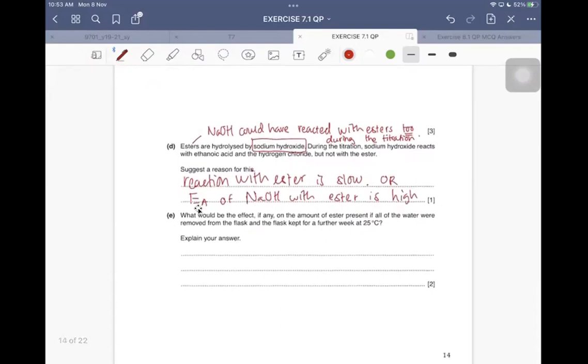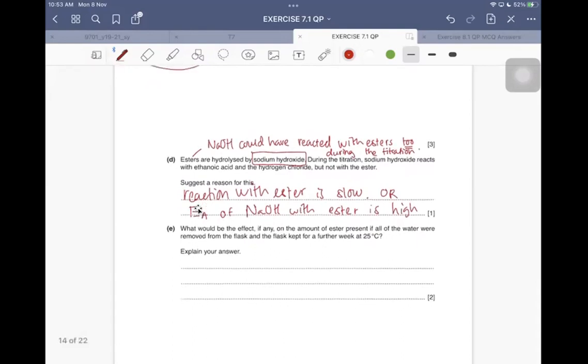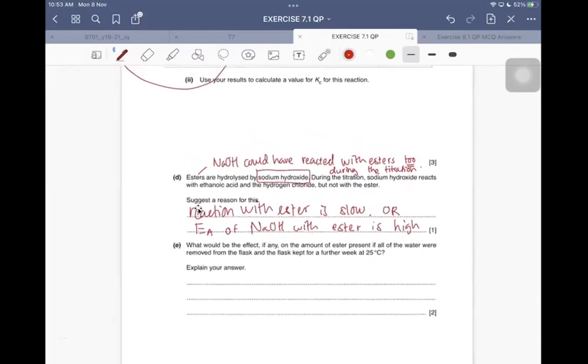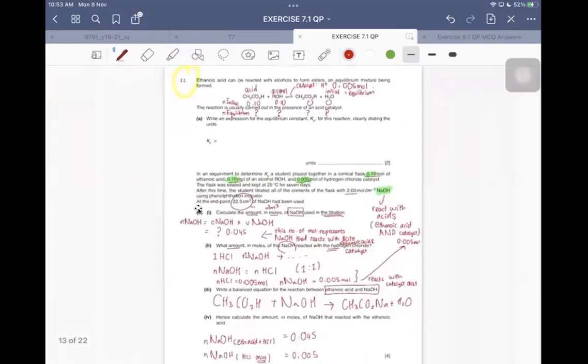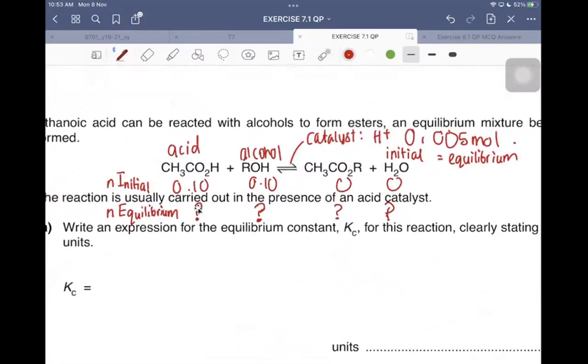What would be the effect, if any, on the amount of ester present if all of the water were removed from the flask? If you look at the system, you are removing H2O. That means you are decreasing the concentration of the product. So your equilibrium would want to increase the concentration of products by favoring the forward reaction.